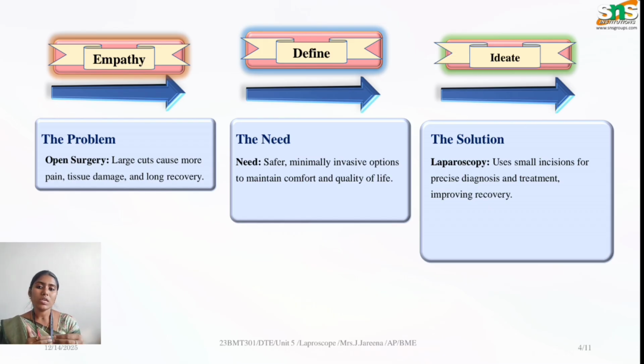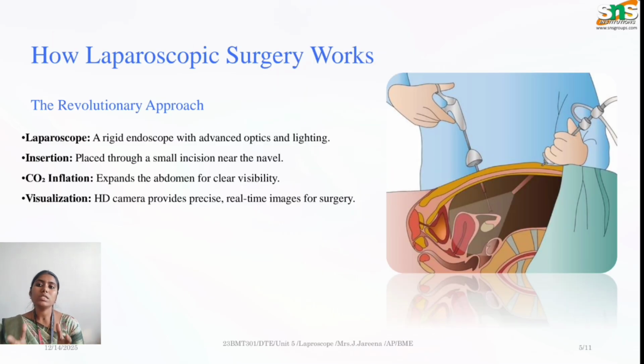It comes under the category of minimally invasive options for precisely diagnosing the problem, and we can also treat the problem, thereby improving quality of life. This is how the empathy is collected, we define the problem, and finally we bring out the solution through the ideation method. Then we will move on to what laparoscopy is and how it works.